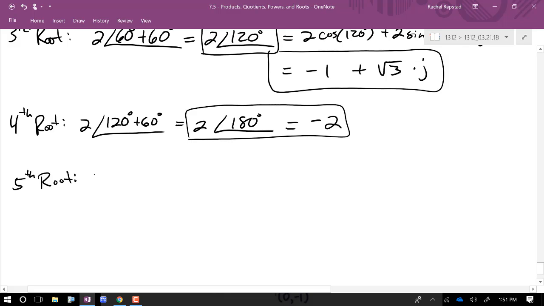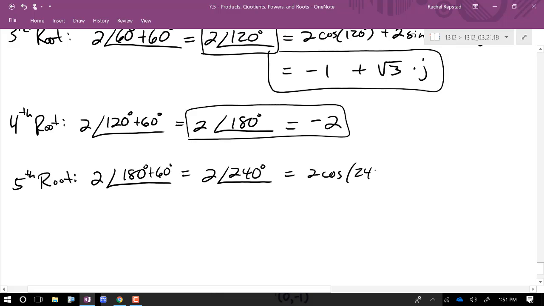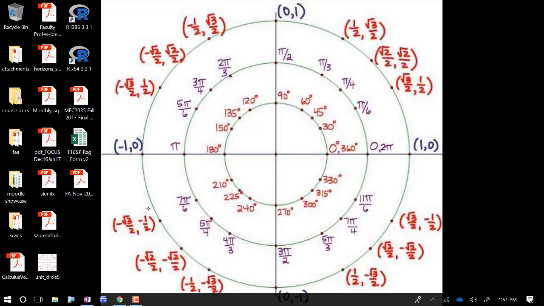Our fifth root: add 60 again, so 180 plus 60 is 240. Cosine of 240 is negative a half, and sine is negative root 3 over 2.